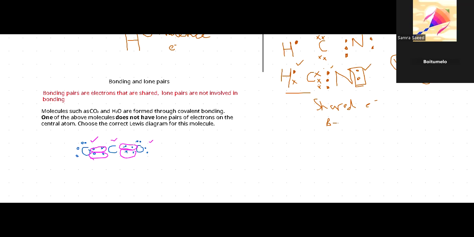So now tell me, how many lone pairs does carbon have? Zero lone pairs. Carbon does not have lone pairs. Good.